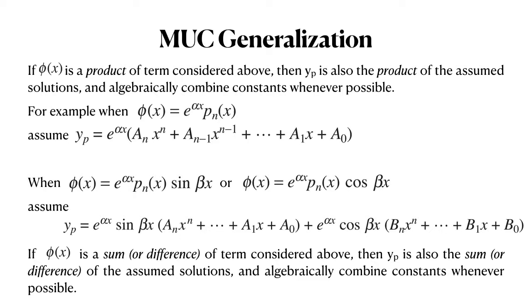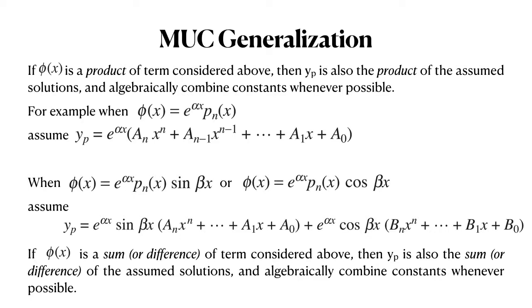So, the same gyapon, if our phi of x is a product of three sets of predefined functions, phi of x is equal to an Euler function times a polynomial function times a sine function or cosine function, ang iyahang particular solution would also be a product of those assumed solutions. For whatever constants ang mogawas, we could algebraically combine them if possible.